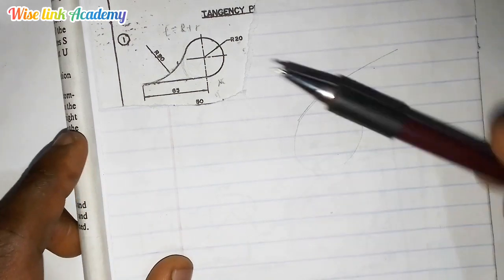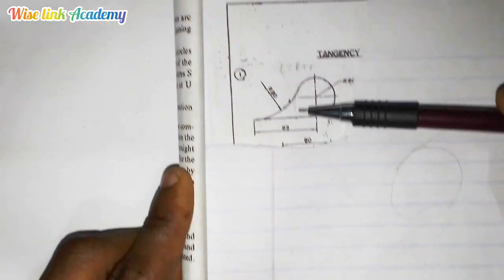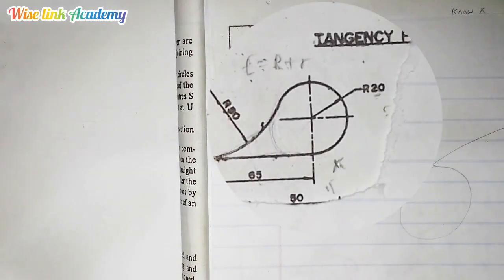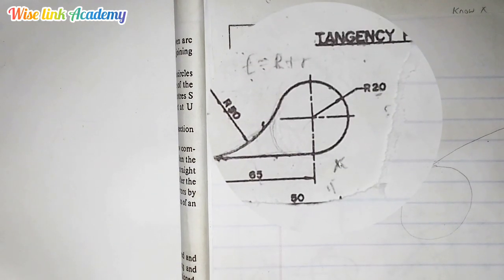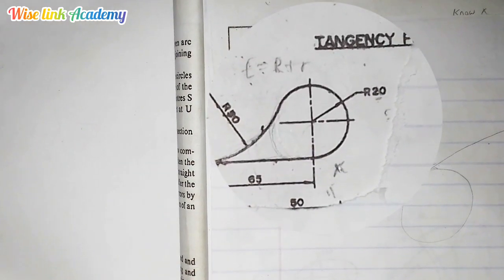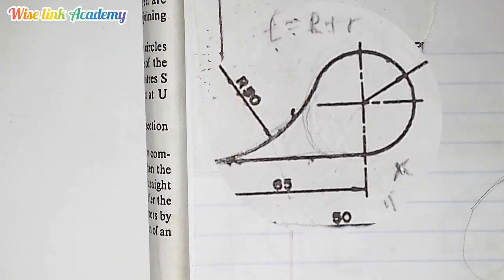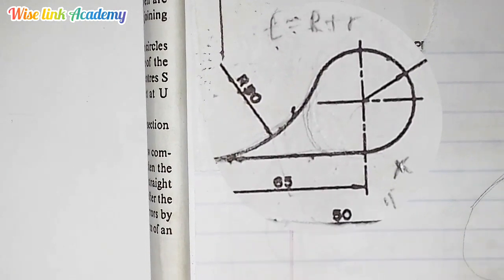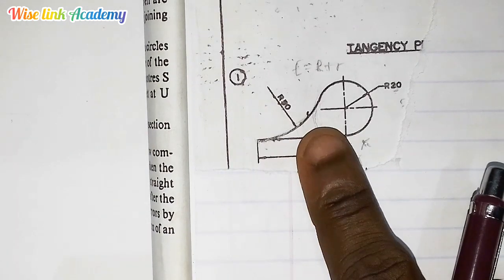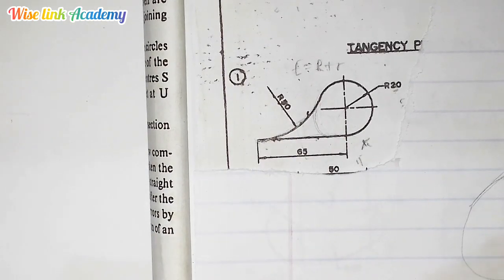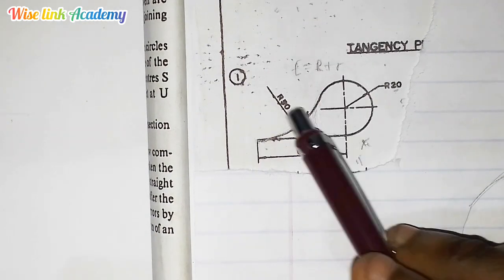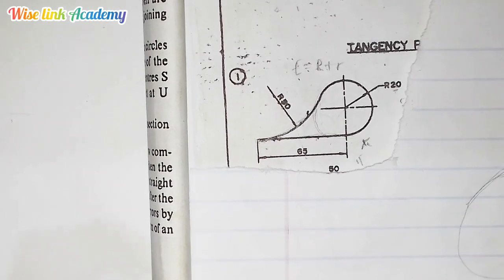Let's proceed. We want to draw out this figure. Let me show you very well. You can see that we want to reproduce this figure. The first thing to do, you draw a vertical and horizontal line. Let's do that.